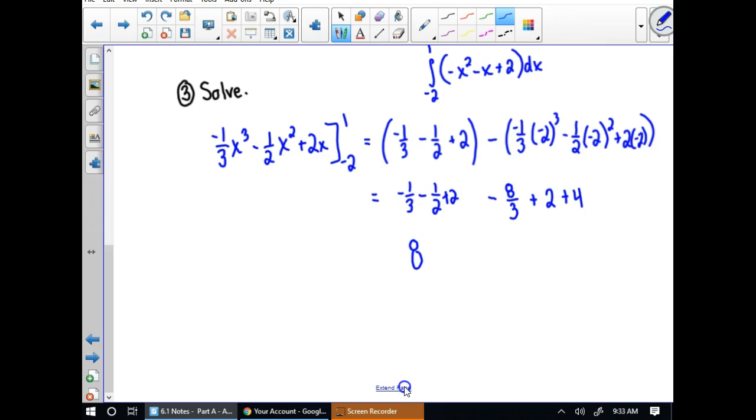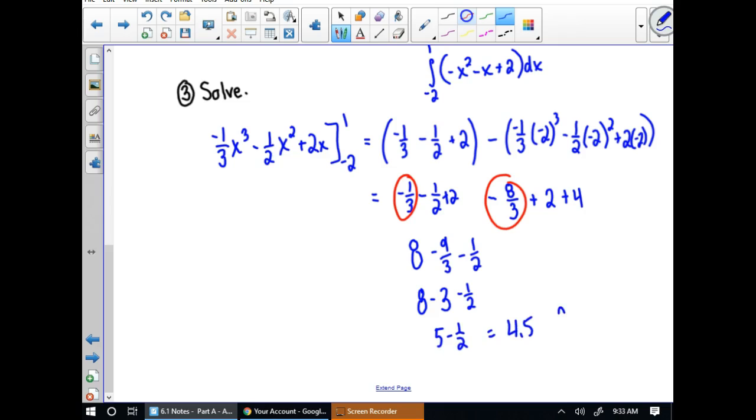If I put my 1/3 together here, I've got -9/3 minus 1/2, but what is 9/3? 3 minus 1/2, so I've got 5 minus 1/2, which is going to give me 4.5 or 9/2.